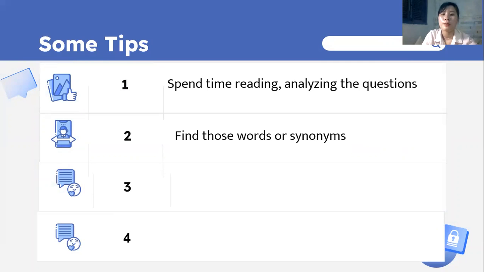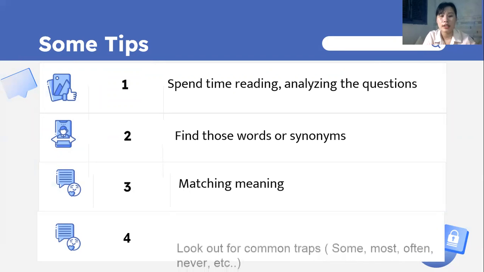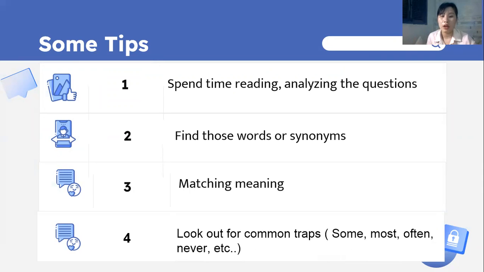And the next is you have to match the meaning. It means that you understand the statement and the passage, and you match them. And the last one is you have to look out for common terms, for example, some, more, often, never.